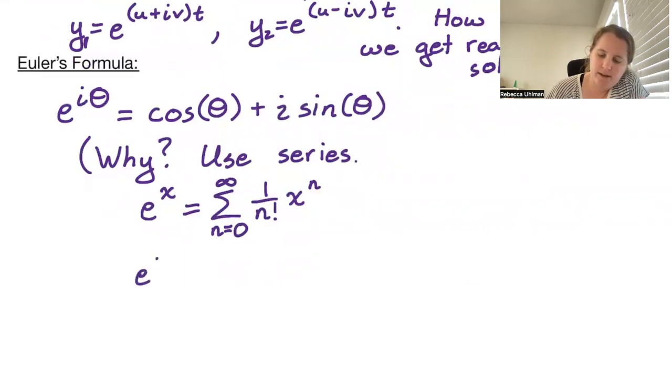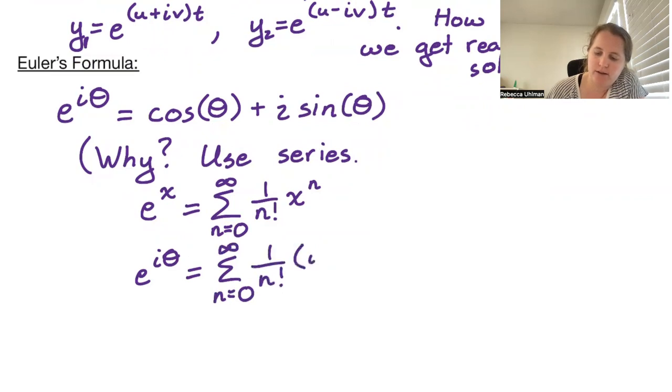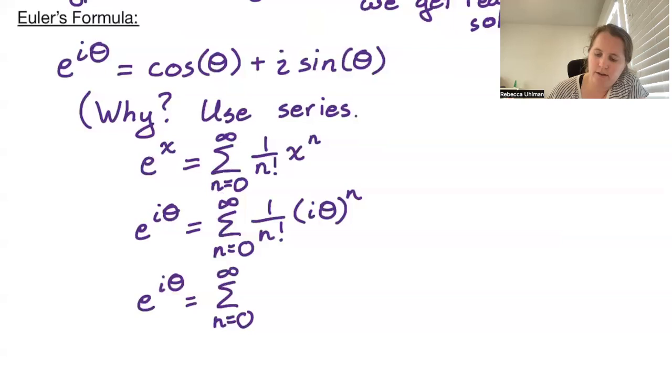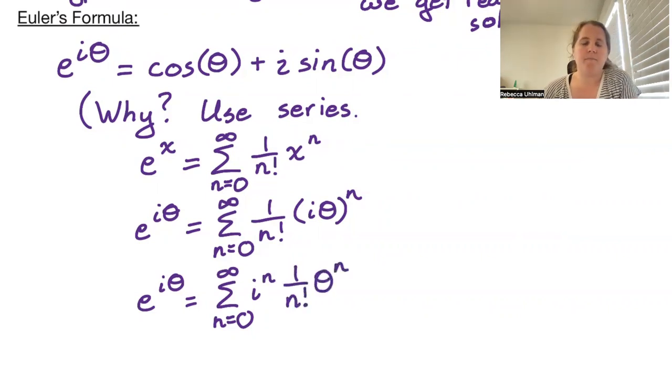So if we do e to the i theta, we would be looking at the sum from n equals 0 to infinity of 1 over n factorial times i times theta to the n, or e to the i theta is equal to the sum from n equals 0 to infinity of i to the n times 1 over n factorial times theta to the n.